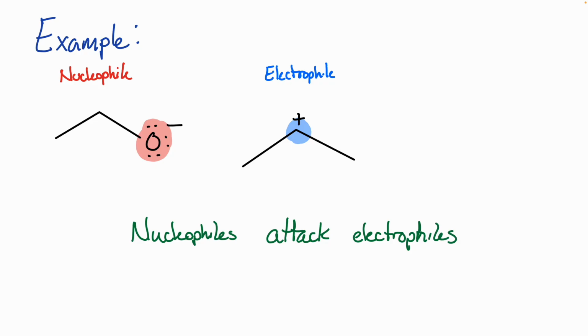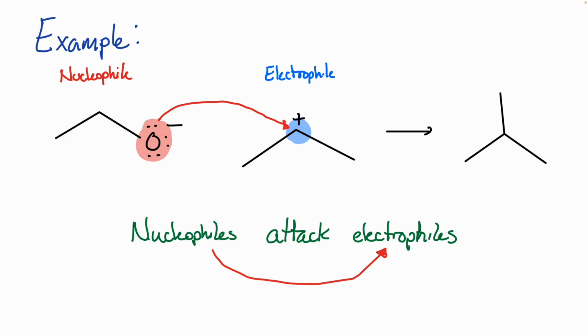So I'm going to identify what plays the role of the nucleophile, what plays the role of the electrophile, and I'm going to make sure that my nucleophile attacks my electrophile, which means that the base of the arrow is always going to be at that pair of electrons of my nucleophile, the head of the arrow at that electrophilic site. All right, so in this case here, nucleophile attacks my electrophile. I get this product.